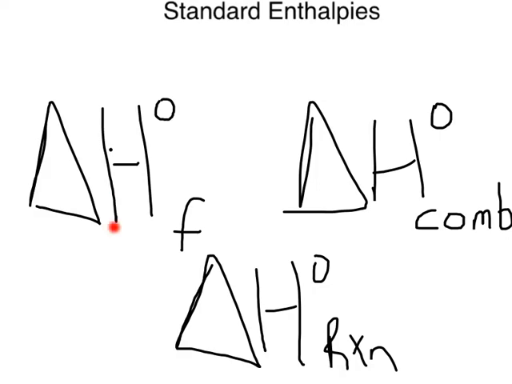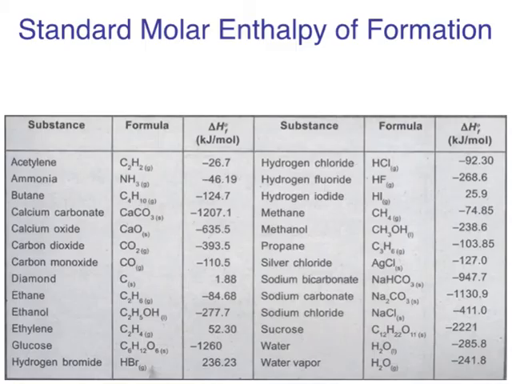Let's talk a little bit more about the delta H of formation. Okay, so the standard molar enthalpy of formation, as you can see here, I've got a chart that basically has several chemicals in it, okay? And it shows you what the standard molar enthalpy of formation is. It's called the molar enthalpy because it's in kilojoules per mole, okay?